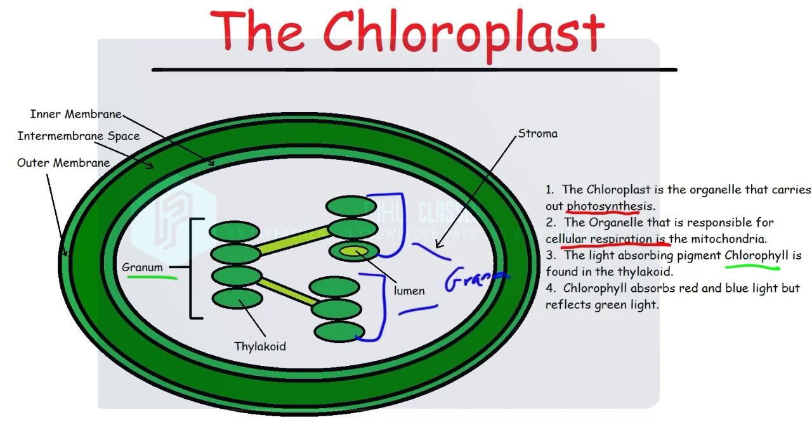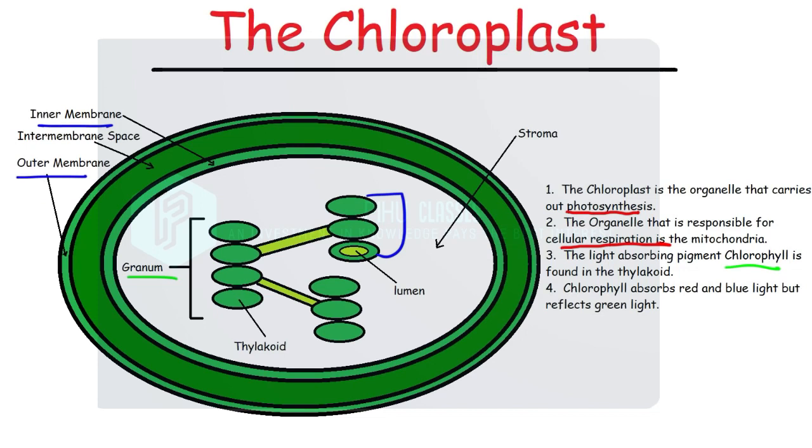So that's the plural form of the word granum. The lumen is the fluid inside of the thylakoid, and the stroma is the fluid inside of the chloroplast. The chloroplast has two membranes, the inner membrane and the outer membrane, and between that you have the intermembrane space.